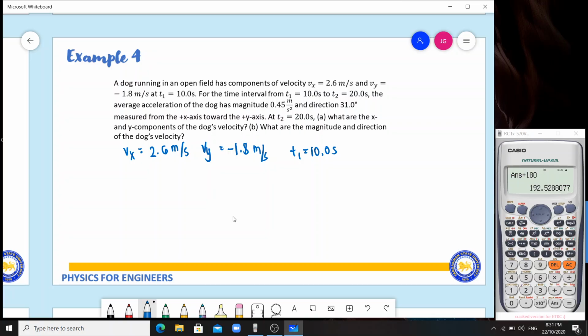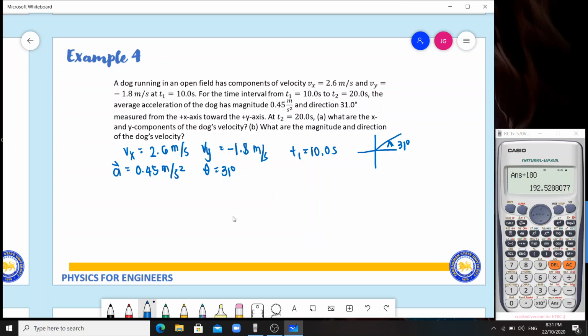For the time interval t1 to t2 20 seconds, the average acceleration of the dog, so meron tayong average acceleration na 0.45 meters per second squared at the direction of 31 degrees measured from the positive x-axis towards the y-axis.